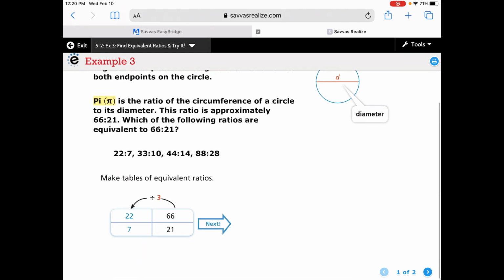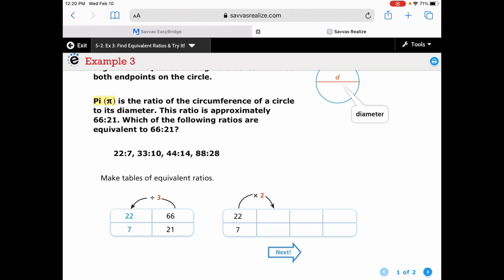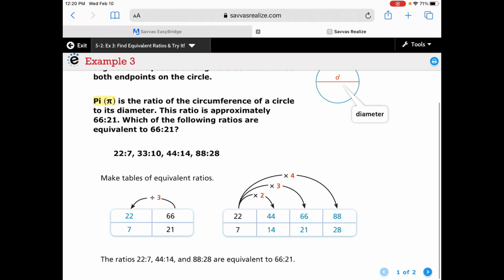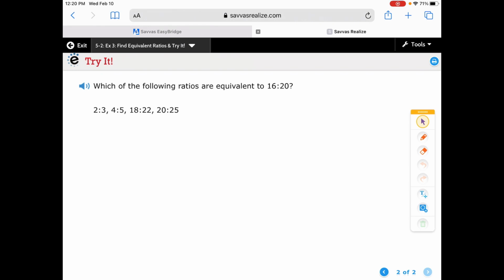So if we make a table, we have this here. We can see that we're dividing by 3. So we have 22 to 7, 44 to 14, 66 to 21, which is what we want, and 88 to 28. So all of these, with the exception of 33 to 10, would work. Which of the following ratios are equivalent to 16 to 20?